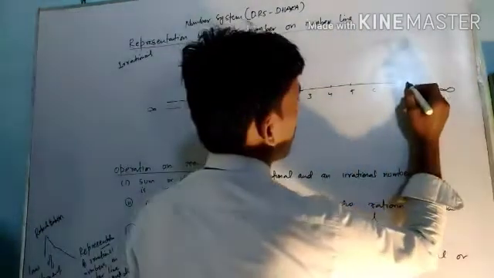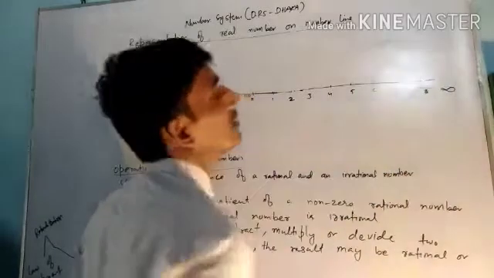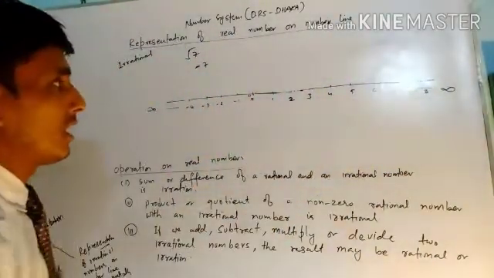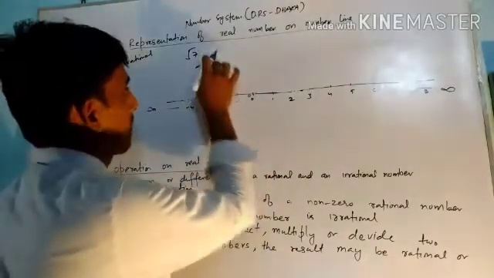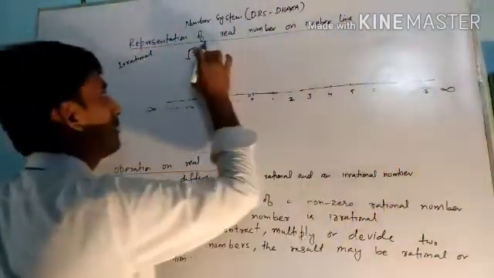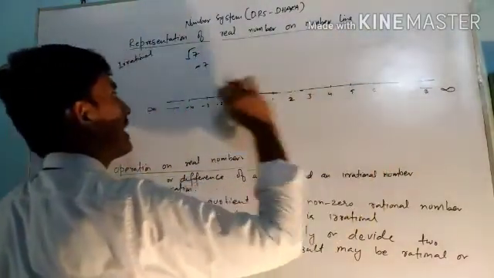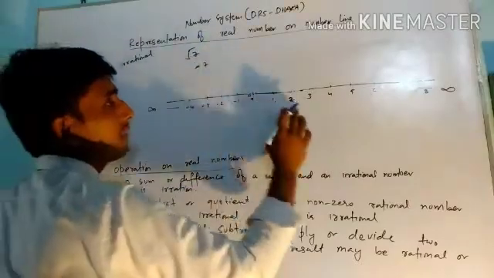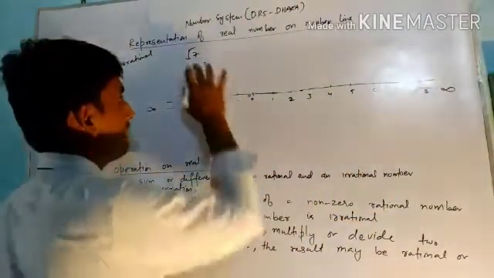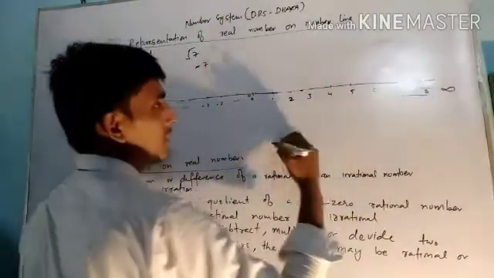So we take 1 more than 7. Actually we take 1 more than any number. If it is 8, we will take 1 more than 8, that is 9. If it is 15, we will take 1 more than 15, that is 16. So here it is 7, so we will take 8.